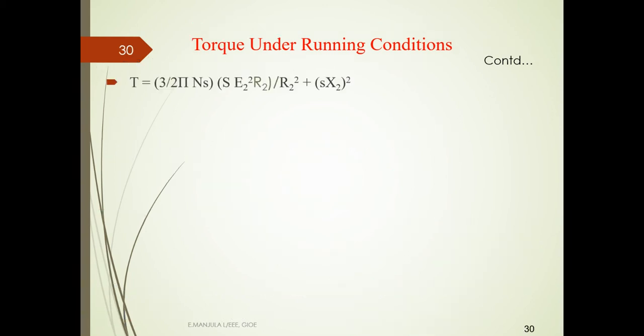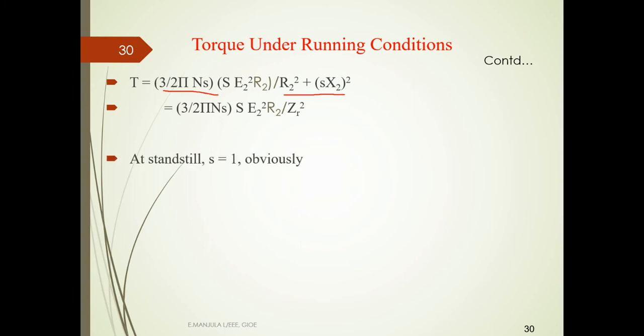Hence, in this case, the expression for the torque becomes 3 by 2 pi ns into S into E2 square R2 divided by R2 square plus Sx2 whole square. So here this is totally represented as Z impedance square.